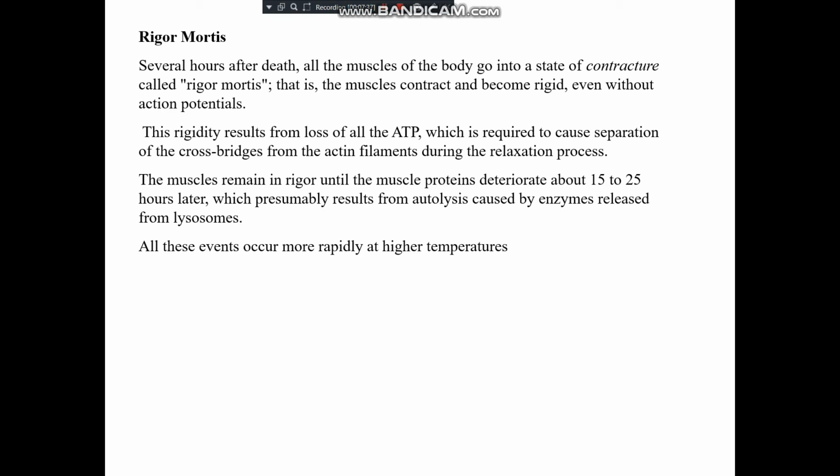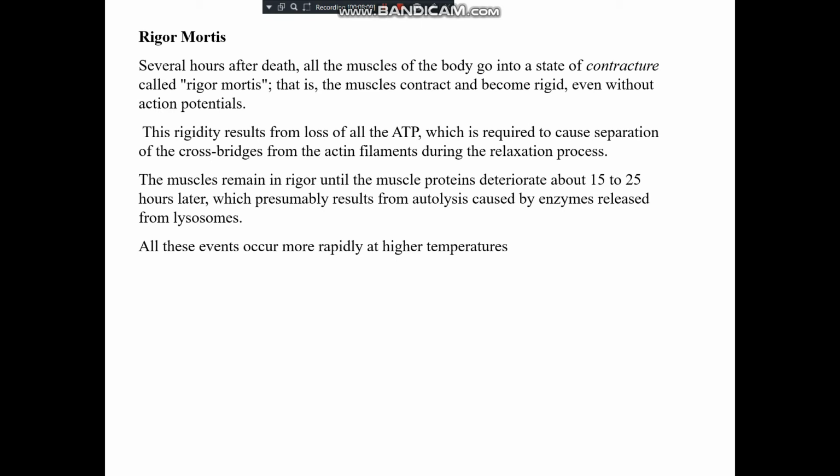This is called rigor mortis because muscle contracts but never relaxes. Even without action potential, calcium ions are released, they attach with the troponin C, unmask the tropomyosin, and the myosin head binds with the actin site. But there is no ATP because ATP will not attach.